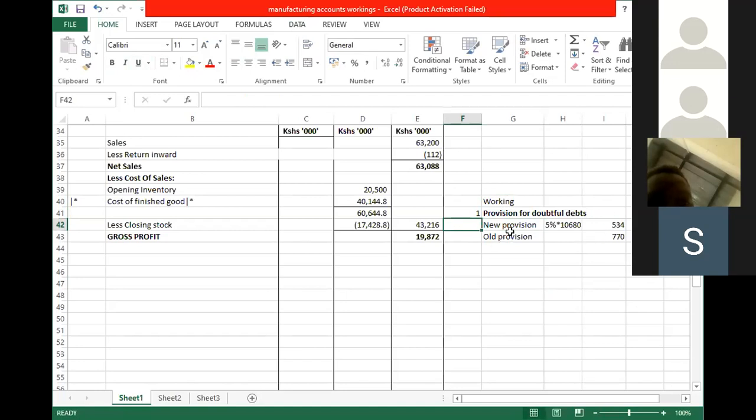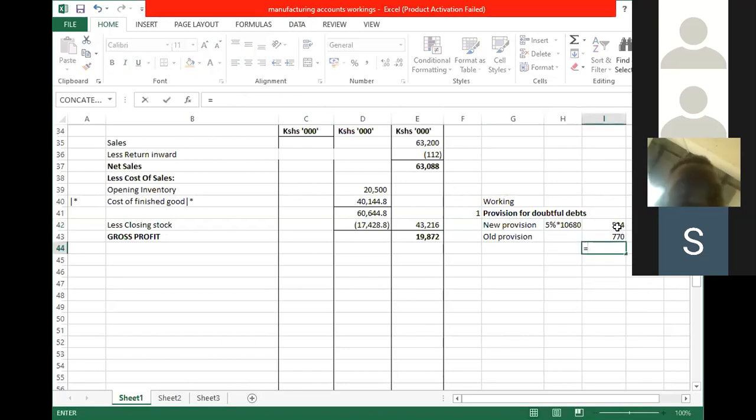So they were 770, now we have 534. Is that an increase or a decrease in doubtful debts?